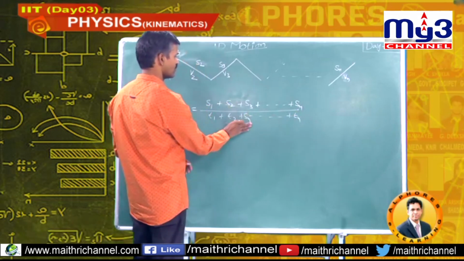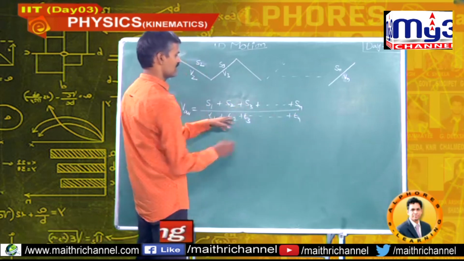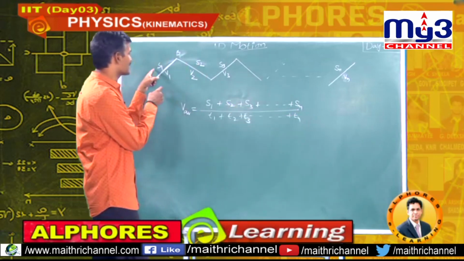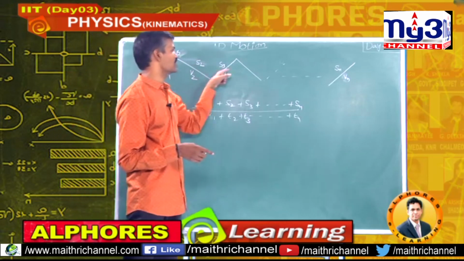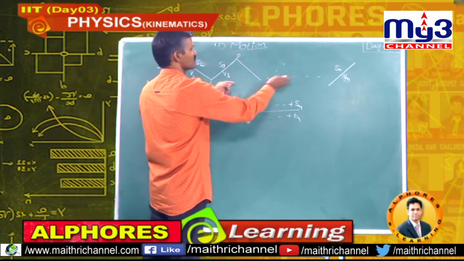Actually we don't know the times T1, T2, T3 and so on, so first calculate the individual times taken to travel from A to B, B to C, C to D and so on.